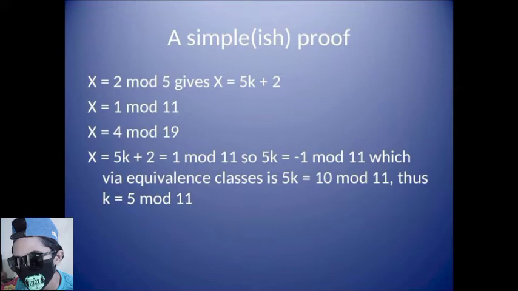So x equals 5k plus 2 equals 1 mod 11, so 5k equals negative 1 mod 11, which via equivalence classes is 5k equals 10 mod 11. Thus, k equals 2 mod 11.